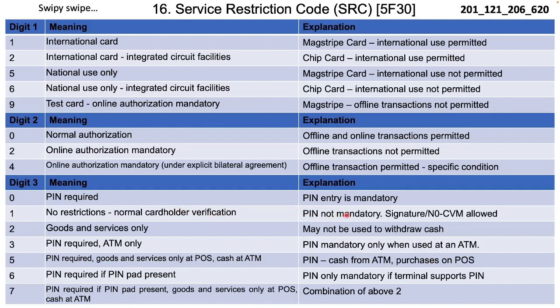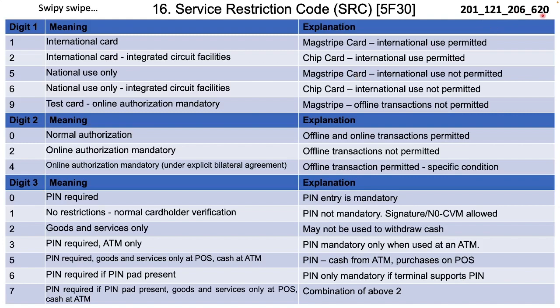So it may be used in transactions where you could have different cardholder verification methods like signature or no CVM, etc. You're welcome to do the exercise yourself, but if you apply the same logic to 121, 206, 620, you can see that the configuration of the card changes quite drastically as you change these values.